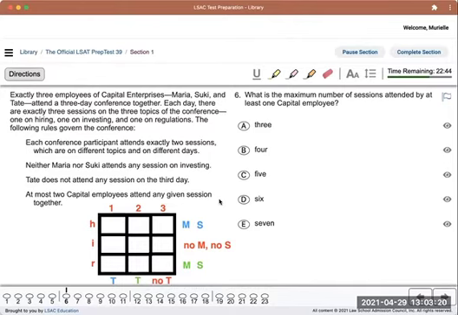All right, what's the maximum number of sessions attended by at least 1 capital employee? So that would mean everybody attends a different session. We have 6 total that we can do, right? So each conference participant attends exactly 2 sessions, so we have 3 times 2 is 6. Okay. And the only one that nobody can attend is 3I, right?